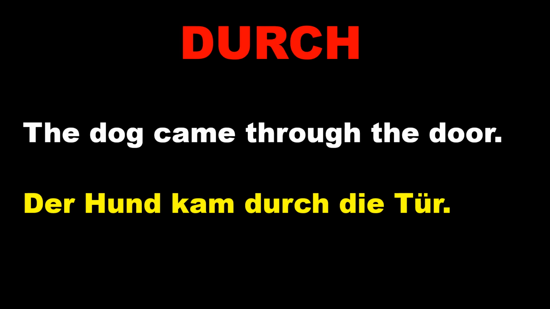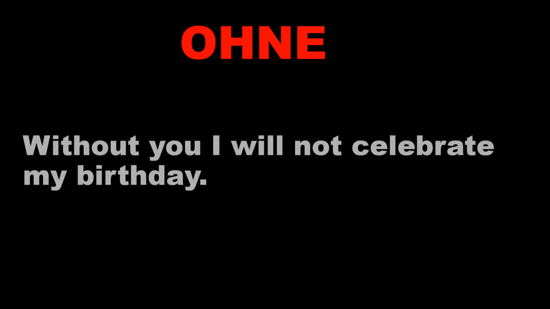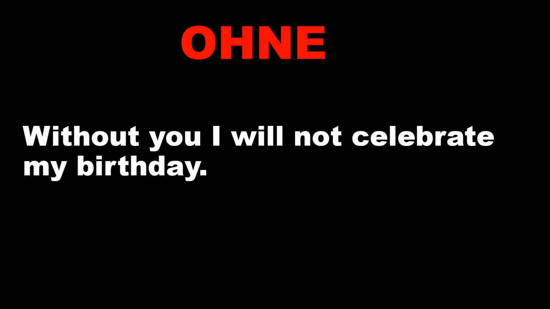Let's go ahead. The next one is ohne, which means without. In English, let's take one example. Without you, I will not celebrate my birthday. Or you can say, I will not celebrate my birthday without you. You can keep it at any place.